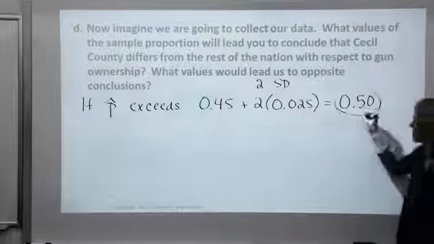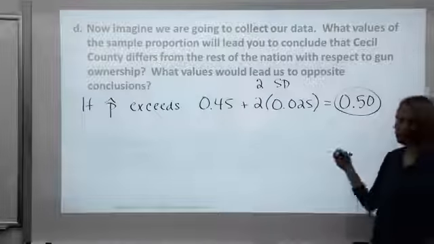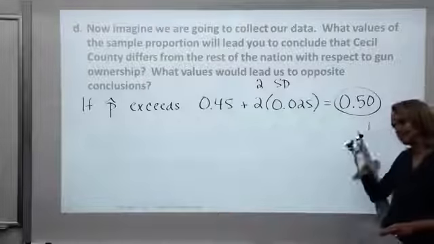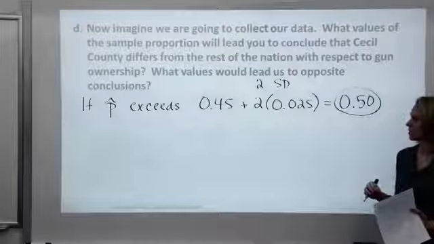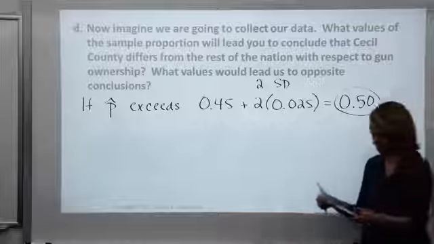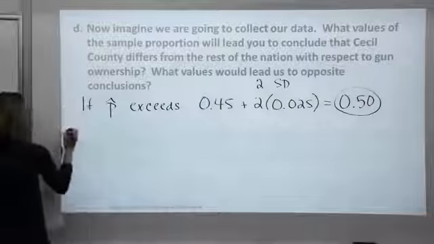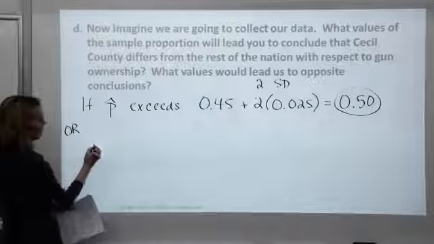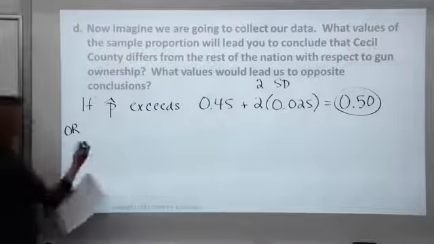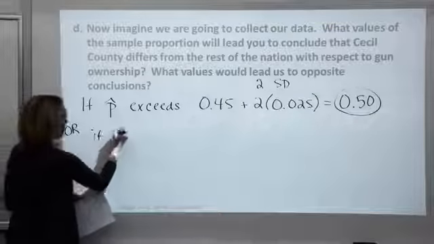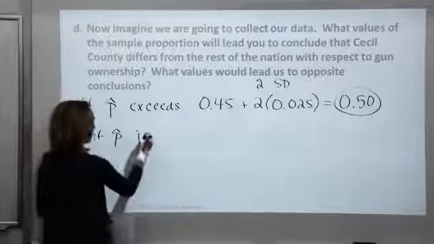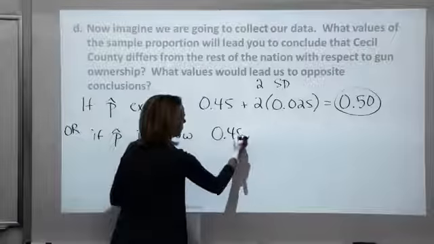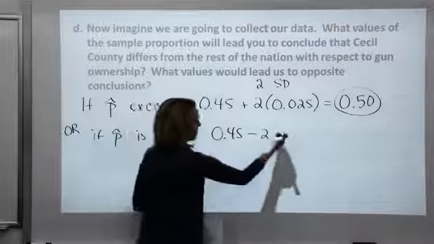So if p hat were to exceed 50%, we collect data from the county, our sample proportion is bigger than 50%, that seems to indicate perhaps the national average is not true in the county. On the other hand, same thing's true if our p hat value were to be smaller than 2 standard deviations below the mean. So if p hat is less than, this time we'll just go down 2 standard deviations.